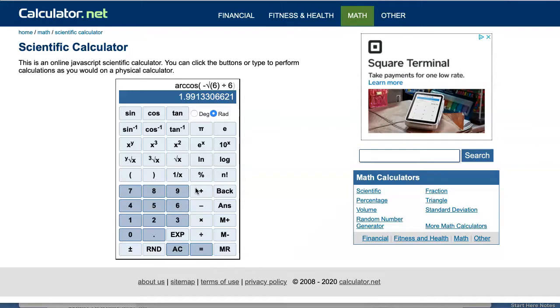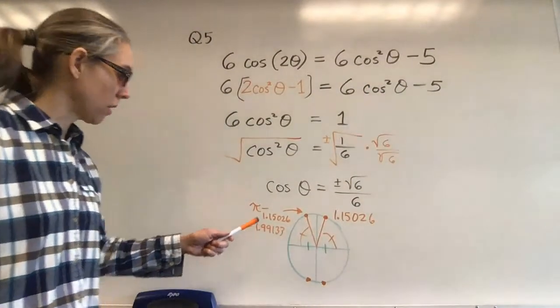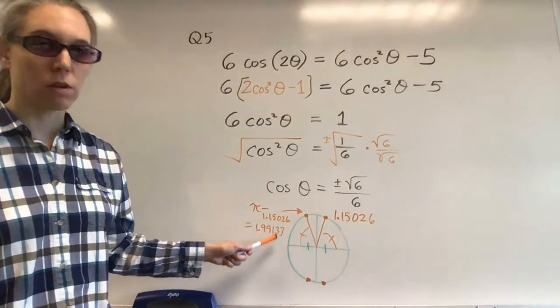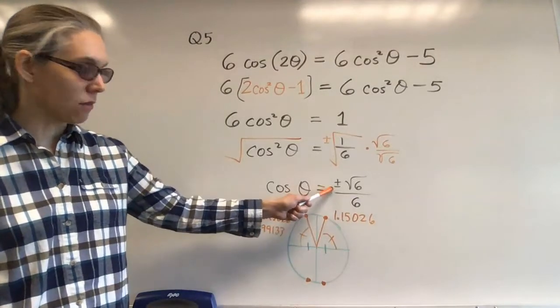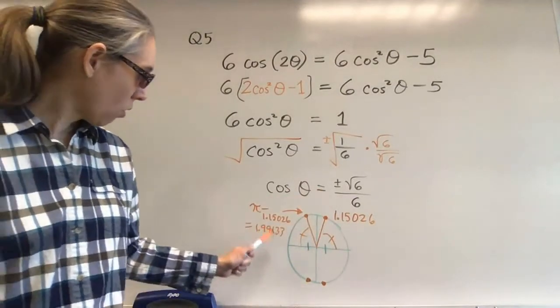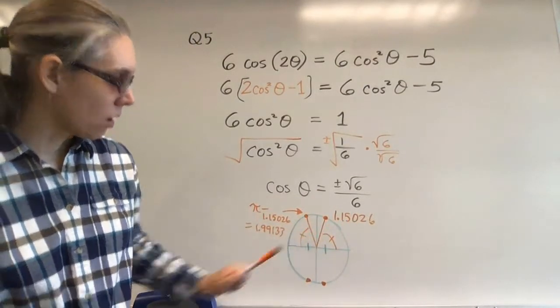And then I said alternatively, what we could do is we could take pi and from pi subtract 1.15026, and oh look, we get the same thing, 1.99133, right? So this value right here again, this 1.99133, we can either get using arc cosine on the negative root 6 over 6, or we can do pi minus this number since these two angles are congruent.